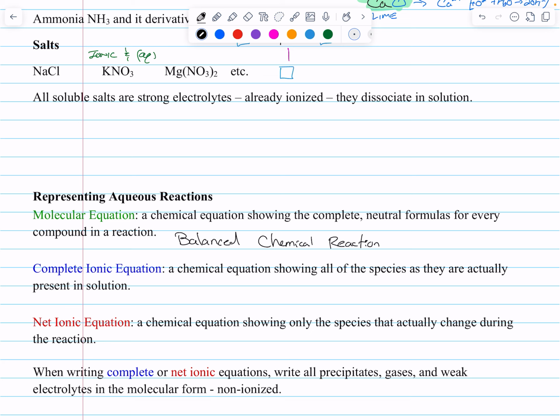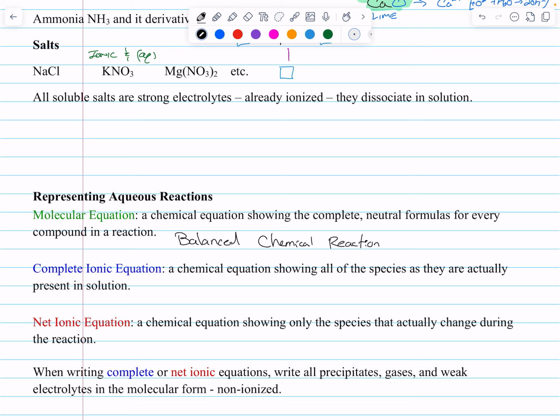HCl doesn't exist as HCl, the strong acid, hydrochloric acid. It breaks apart in solution, and so we want to know that. So when we do this complete ionic equation, we want to know all the things as they actually are in the water. And then finally, the net ionic is when we have a chemical reaction, we want to show you only the species that actually change. Everything that doesn't change is called a spectator ion, and we'll cover that.